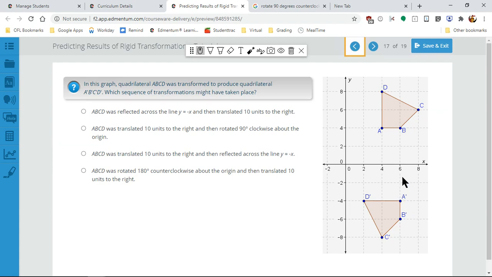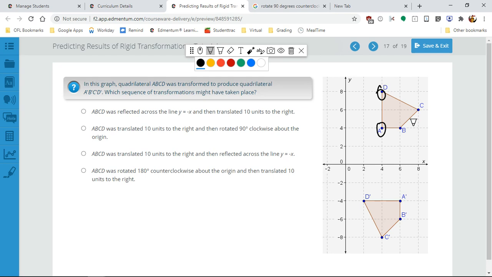So it looks like not only does it rotate, it also moves. So if I were to guess here, I would say it has to be a rotation. It looks like it's upside down now.